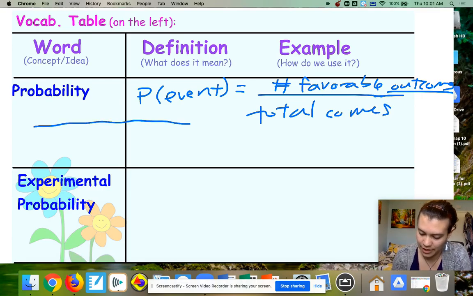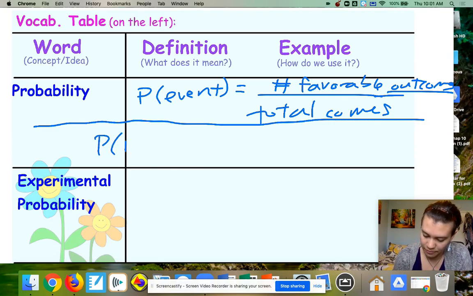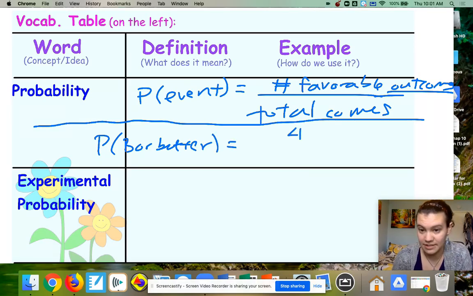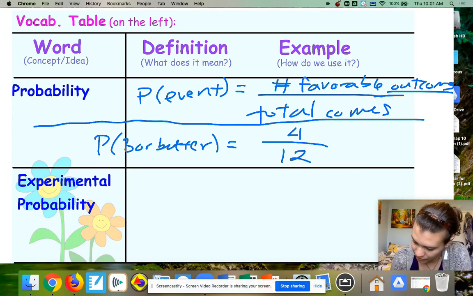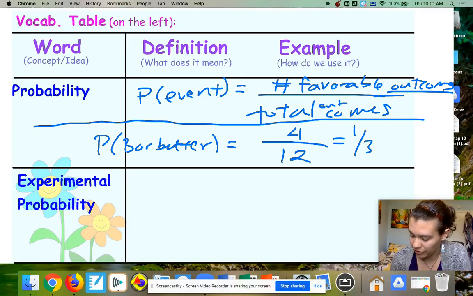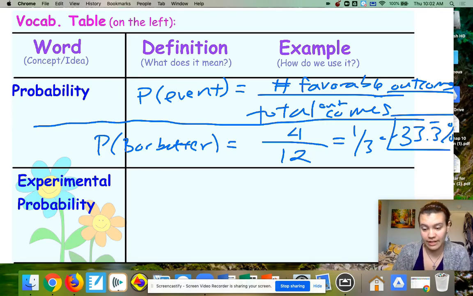So the example I'll put on the bottom this time: if we wanted the probability of a B or better from the last slide, there were 4 possible ways to get a B, B plus, A minus, A, and then there were 12 possible grades, so 12 different outcomes. And then you could simplify this to 1/3 or 33.3% would be the probability of getting a B or higher.